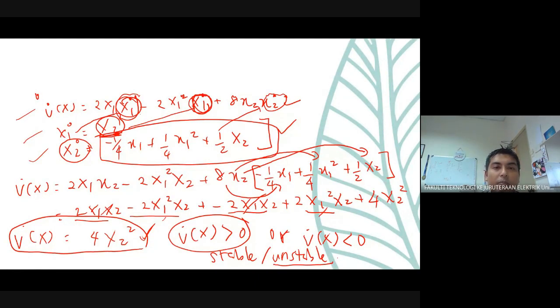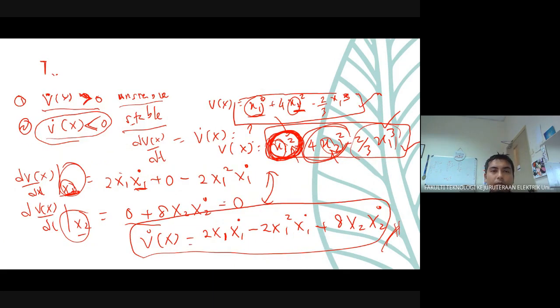So you need to replace all the information here into the v dot x equation that you obtained before. Finally, after you do the calculations, this is the final answer for v dot x. You got 4x2 square. It means that whatever x2 value you use, the result of v dot x is always positive, so the system is unstable. Okay, so that's the function of the Lyapunov.